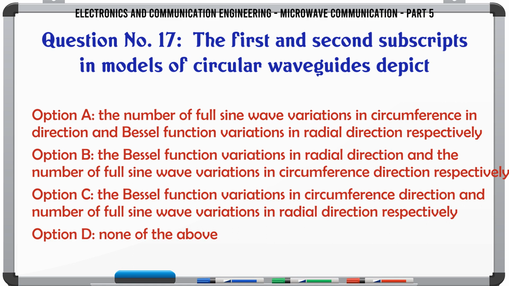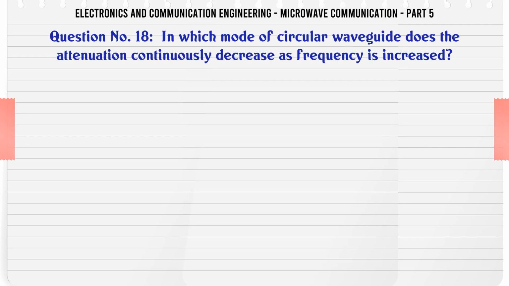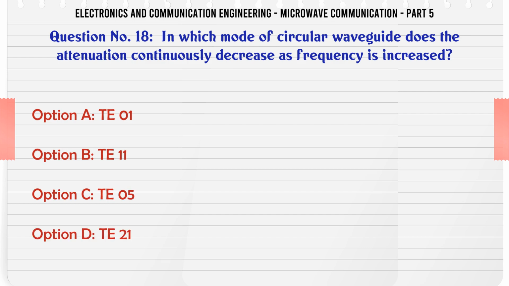C: The Bessel function variations in circumferential direction and number of full sine wave variations in radial direction respectively. D: None of the above. The correct answer is the number of full sine wave variations in circumferential direction and Bessel function variations in radial direction respectively.